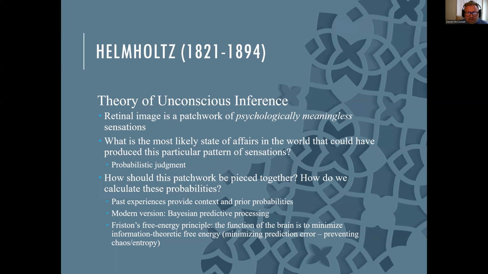But past experience comes in the form of having acquired some kind of knowledge of the rules and the regularities of the world around us that's going to help us make the best possible judgment. And the better this system works, based on the more experience that we have, the more accurate our perceptual inferences will be, and the better we will be at interacting successfully with the world around us.